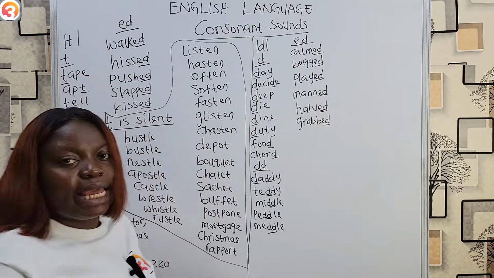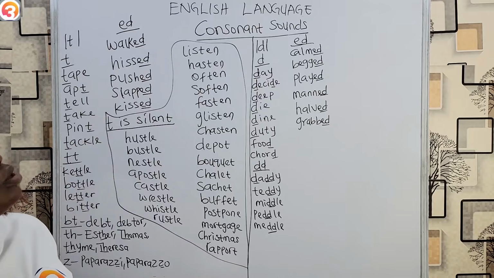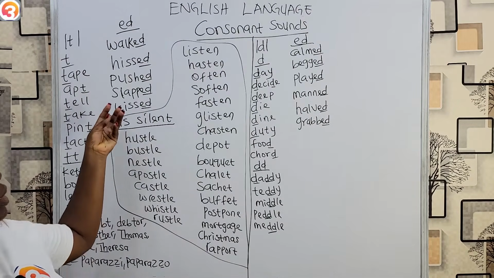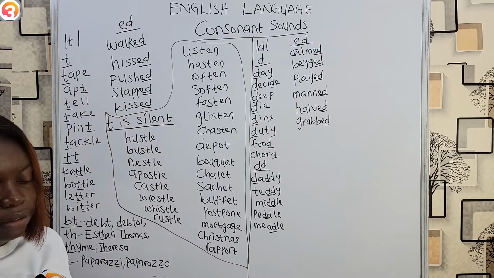So if the verb is ending in a voiced consonant, you can pronounce it as d. But if the verb is ending in a voiceless consonant, you pronounce it as t.